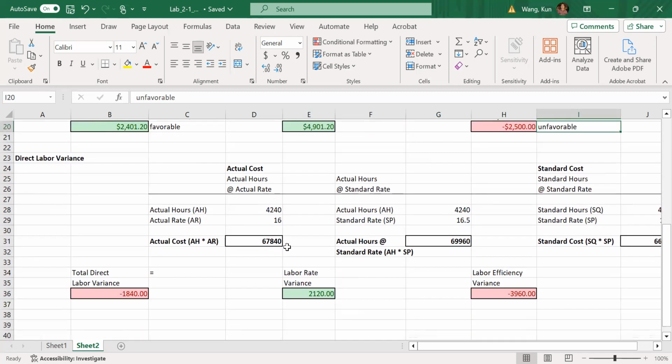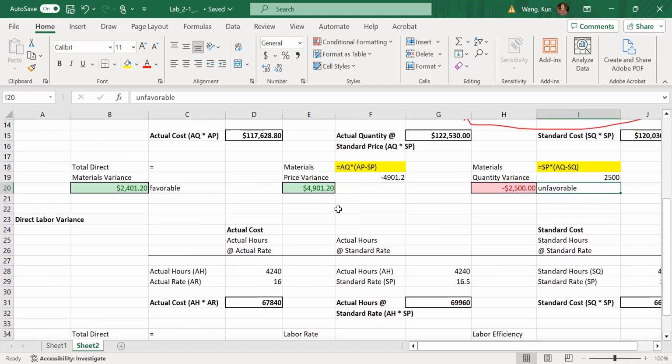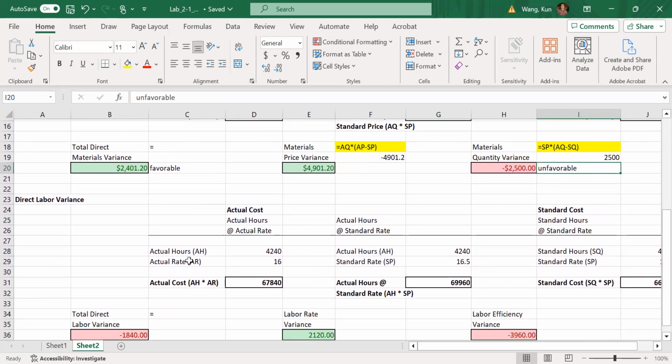So it's a similar structure, but the only thing we change is the quantity to hours, and the price to rate, because that's more suitable for labor cost. Then you have the actual cost, standard cost, and a mixed number in the middle.